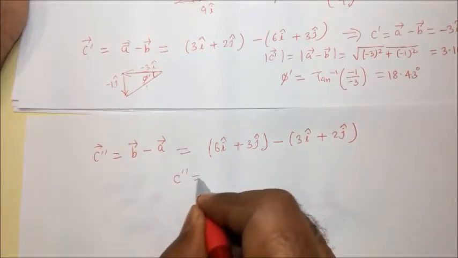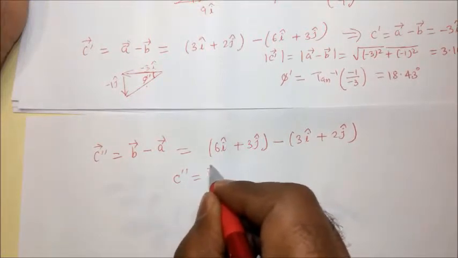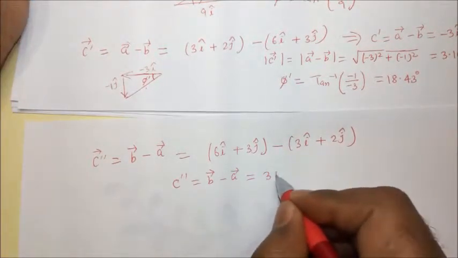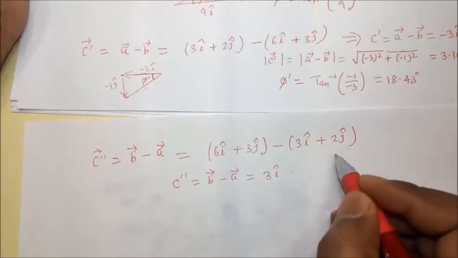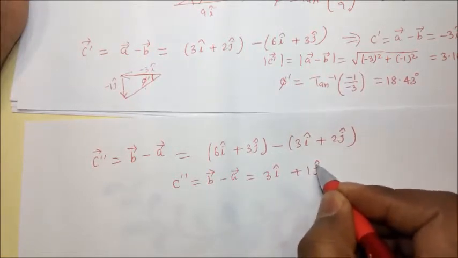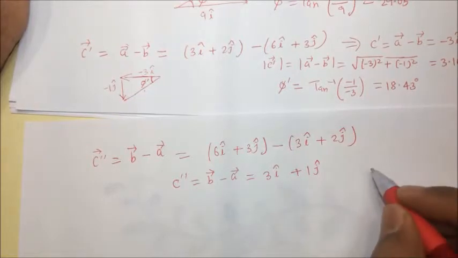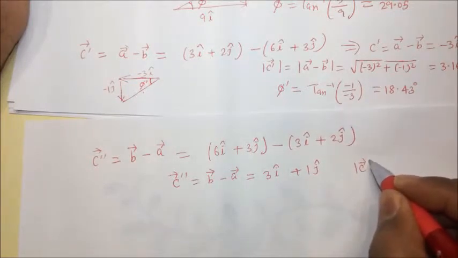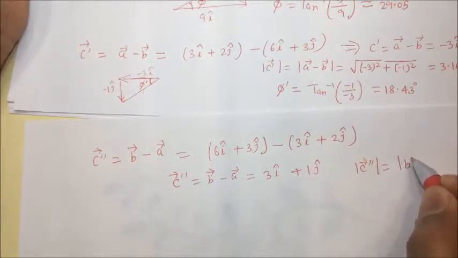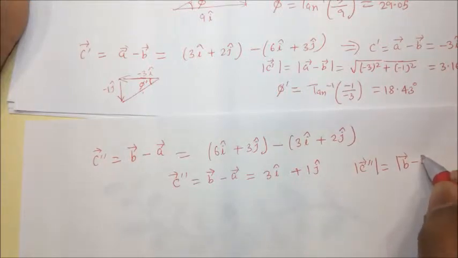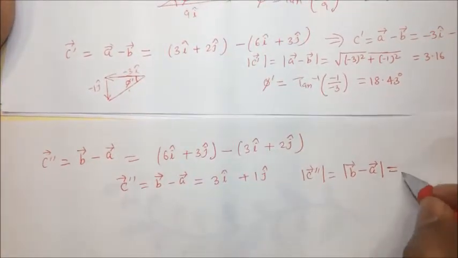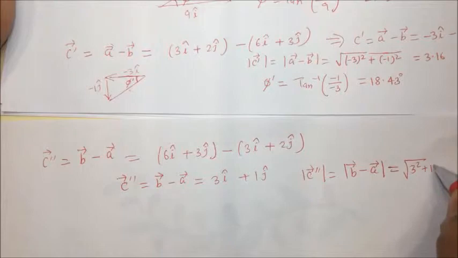So C double prime, vector B minus vector A: 6i minus 3i is 3i, 3j minus 2j is 1j. Now the magnitude of vector C double prime, the magnitude of vector B minus vector A, is going to be square root of 3 square plus 1 square. This is going to be 3.16.